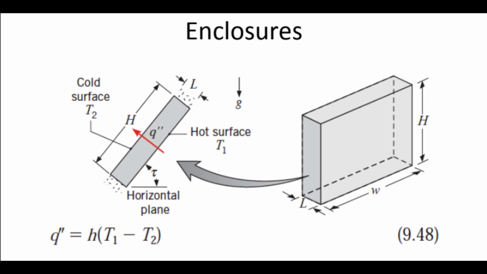So this is a cool one. Enclosures. Now let's say the thing is inside a box, right? Thing is inside a box. And here's the box. Let's say the box is flat, so it has this thickness L, right? And the box can be at many different angles. Can be flat, can be standing, right? And we're going to define the heat flux as h times the difference in temperature between these two surfaces, T1, T2.